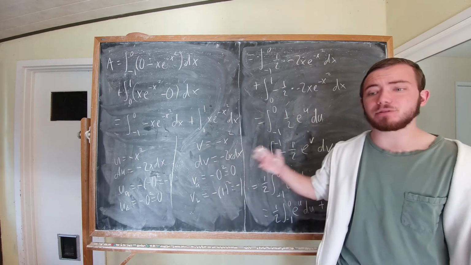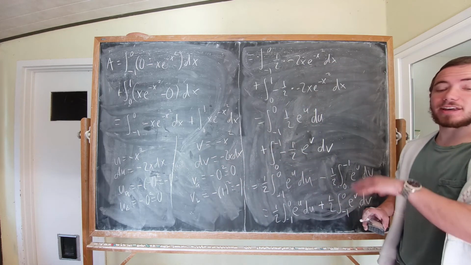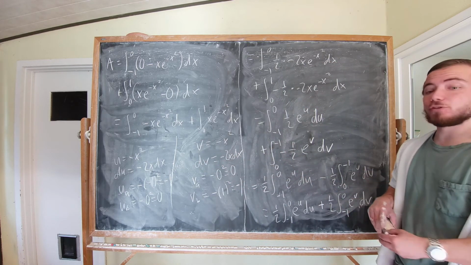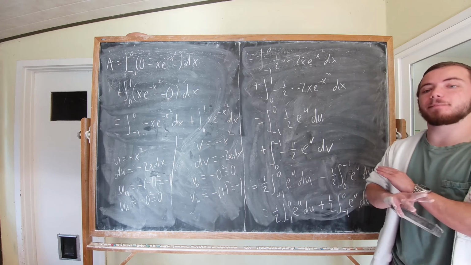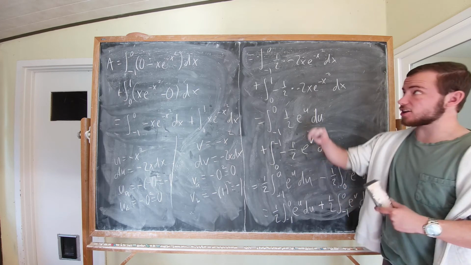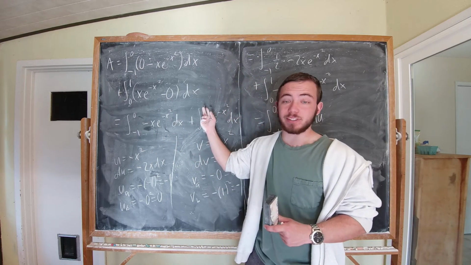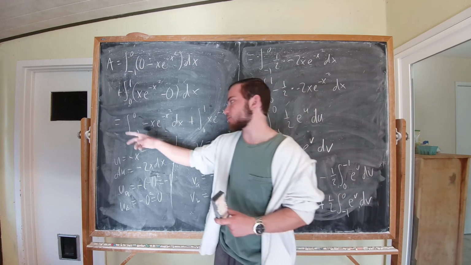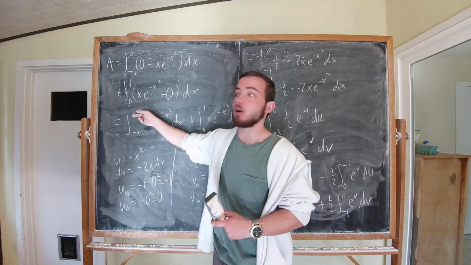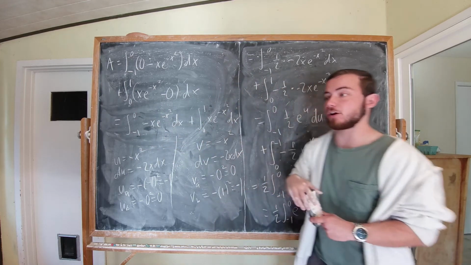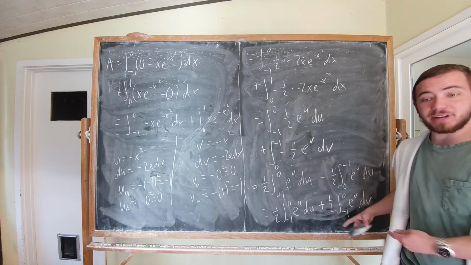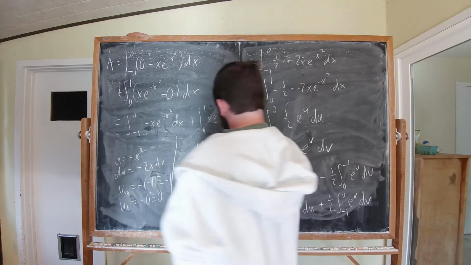We didn't really have to, but we can, to help keep track of everything. If you want to run it with just the one u sub, by all means, go and do it. Just make sure to keep track of all three changing boundary points in your new term. You have to convert the -1 over, the 0 over, and this 1 over. All right, but now that we're here, where can we go?